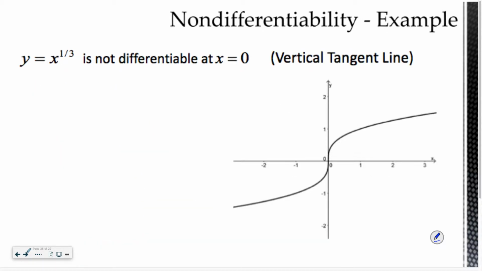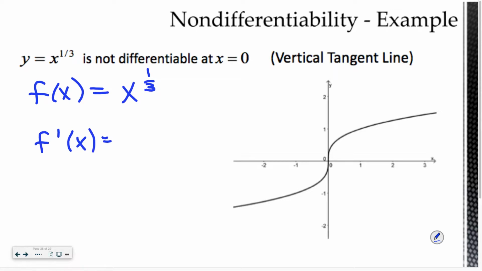All right. Here is an example of a curve that has a vertical tangent line. Where do we have a vertical tangent line? At x equals 0. Okay. Fun fact. If our function is x to the 1/3, then our derivative is this.